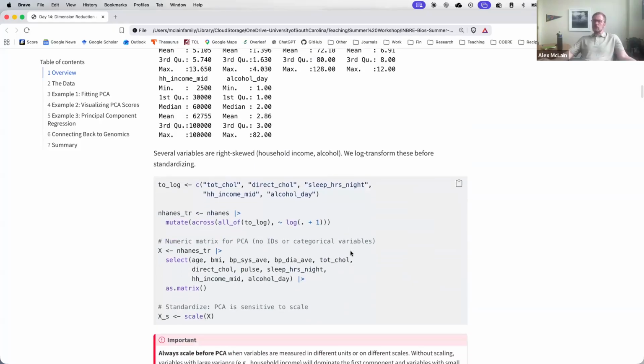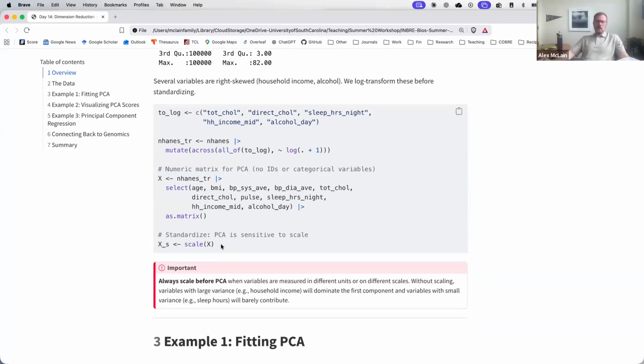Several of the variables are right skewed, so we're going to log transform those before standardizing. This is just going to make the principal component analysis work a little better on data that have a bell-shaped distribution. Not required, just works a little better. One thing that we do want to do when we're performing PCA is scale the data. Why is that?